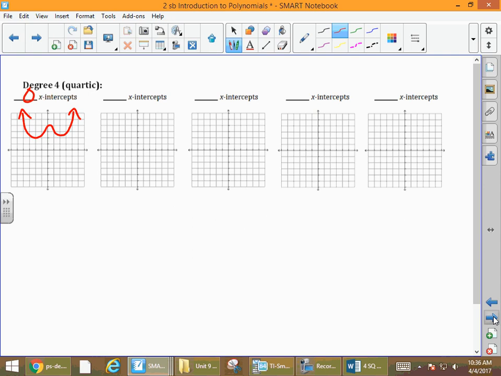We never cross the x-axis. Well, we can probably go right down the line here for 1 x-intercept. Something like that, where we only cross here.